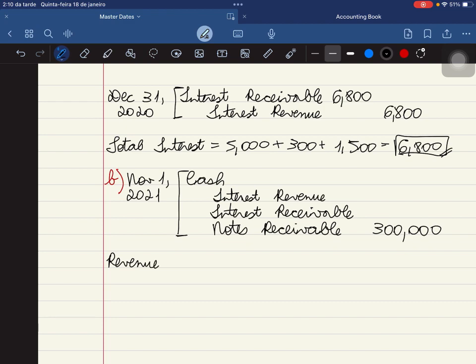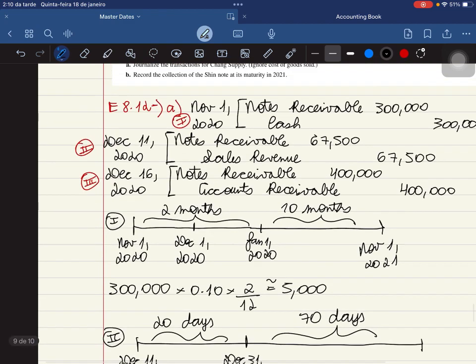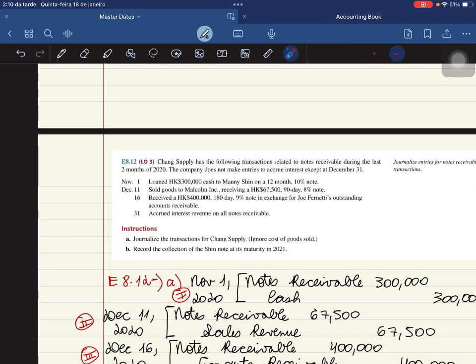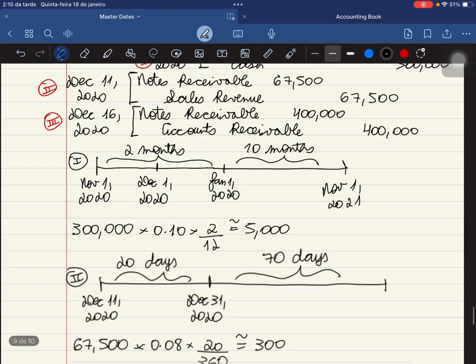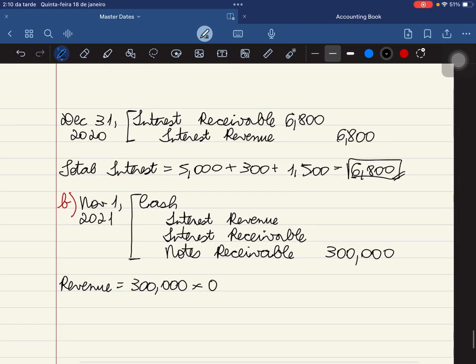So I'm going to have 300,000 times how much was the percentage? It was 10%, times 10, because we still have 10 more months, divided by 12. How much is that? That is approximately 25,000. So the interest revenue is going to be 25,000.